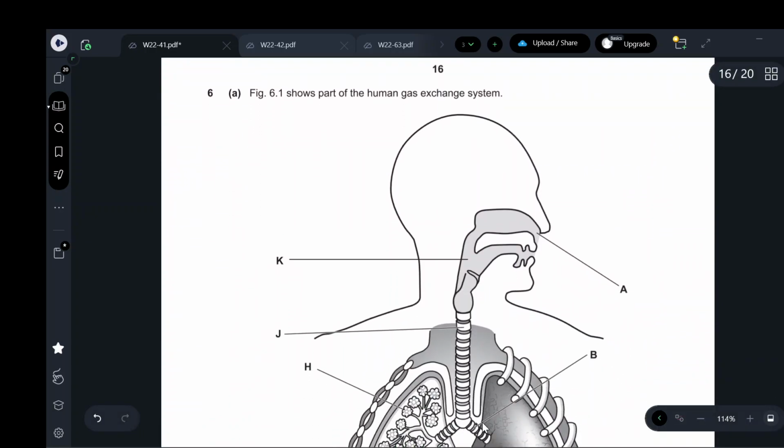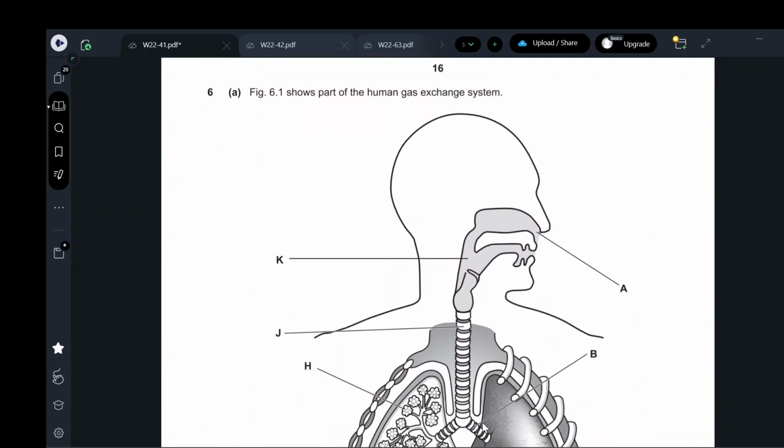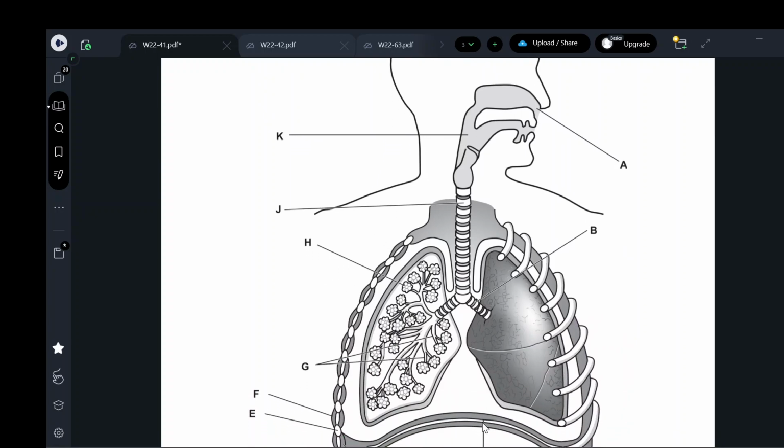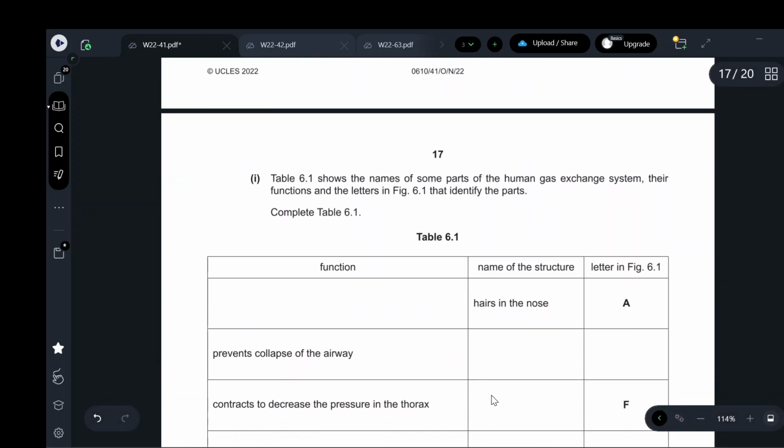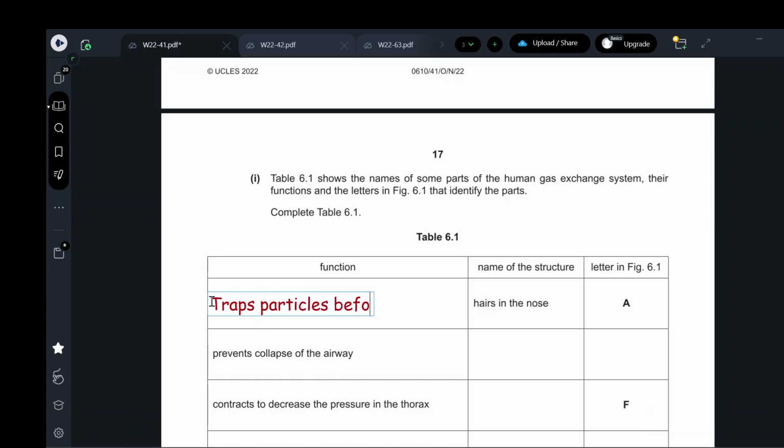The last question in this exam, part of the human gas exchange system. And then he asked me, what is the function of the hairs in the nose? It traps dust and particles before they reach the lungs.